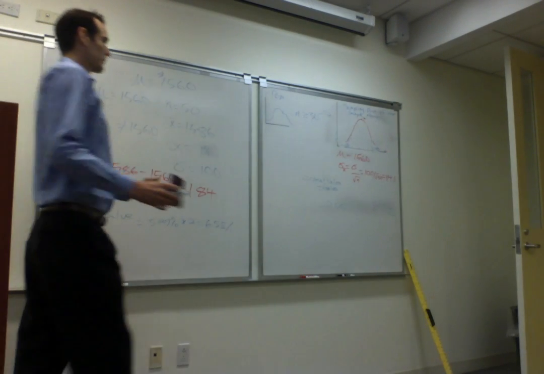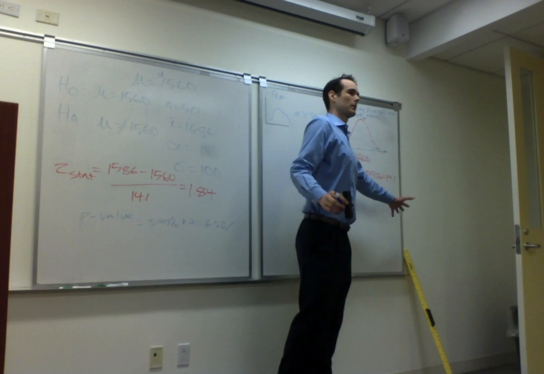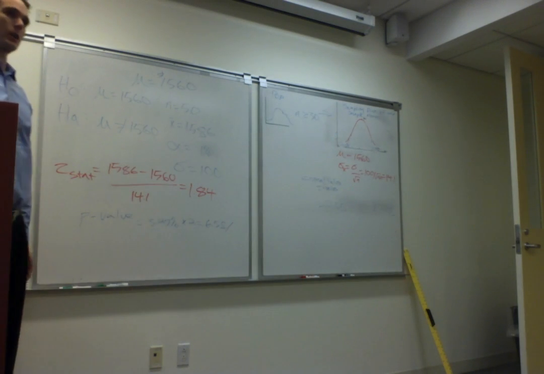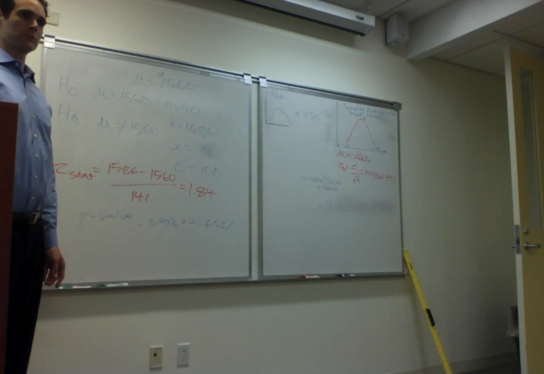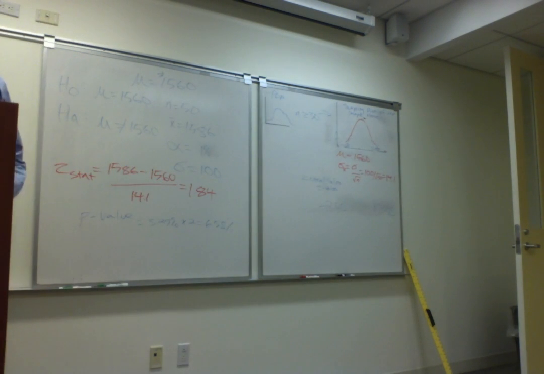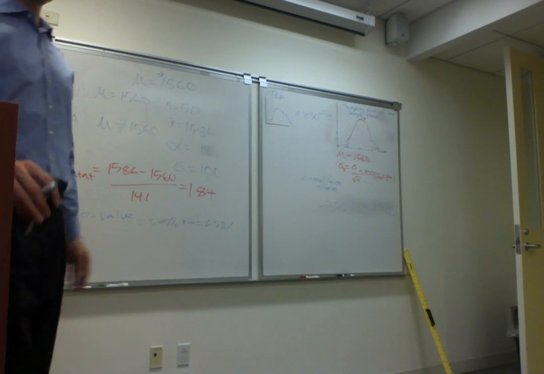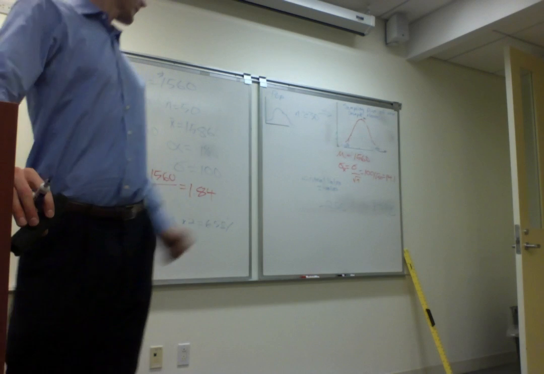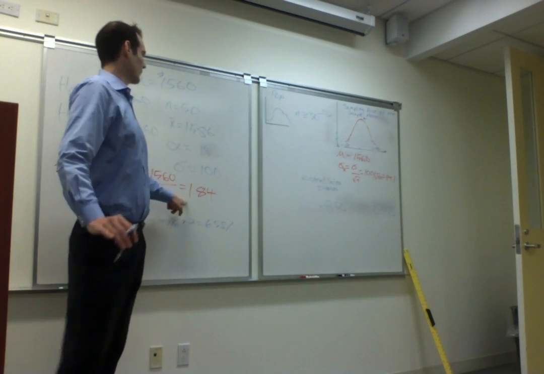We need to find something so extreme before we're willing to go out on a ledge and say you're wrong. And in this case, did we meet that high standard? We did not. We found a test statistic of 1.84.